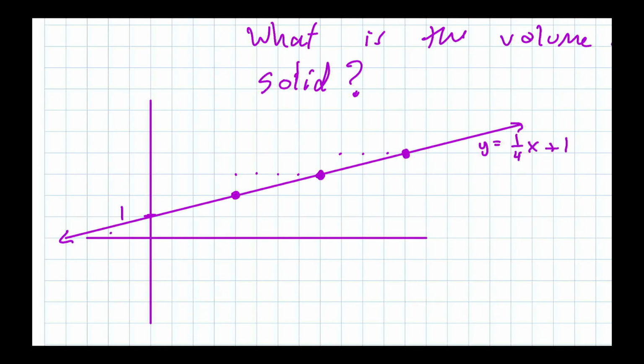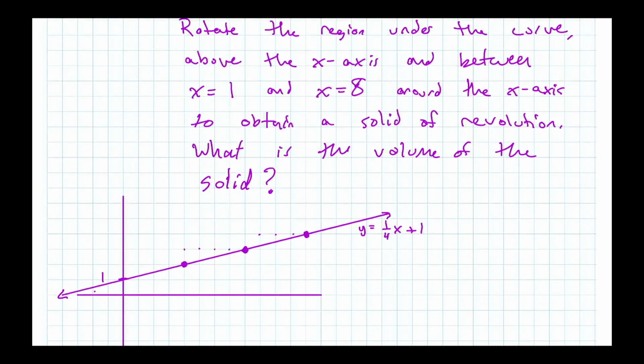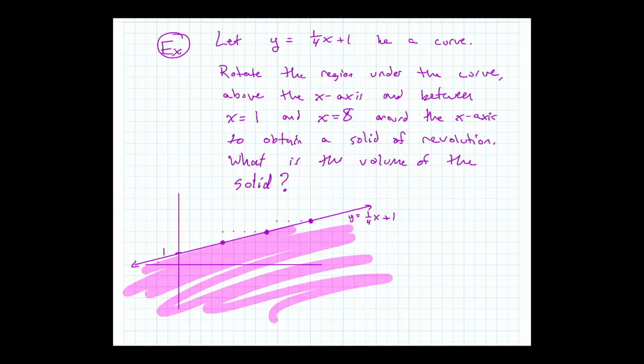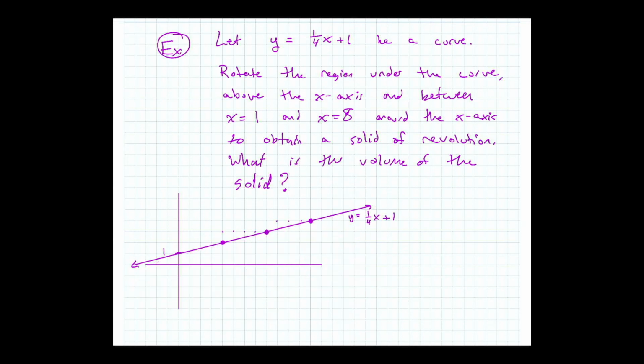Okay, now that's not the region, right? That's just the curve. But they describe the region as supposed to be under the curve. So under the curve is everything here, right? But they say under the curve above the x-axis. Okay, so it's not what I shaded. Now it's just this. That's under the curve above the x-axis.